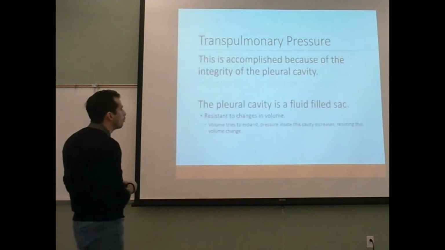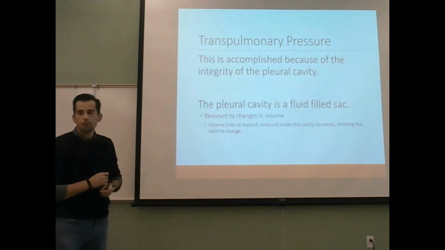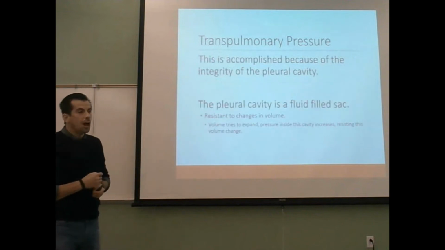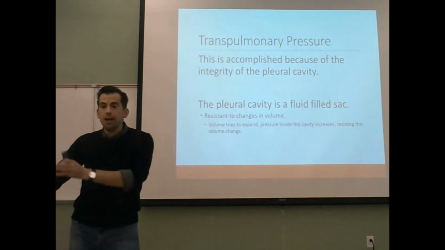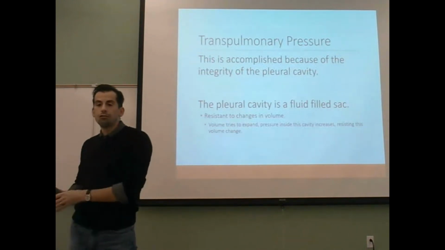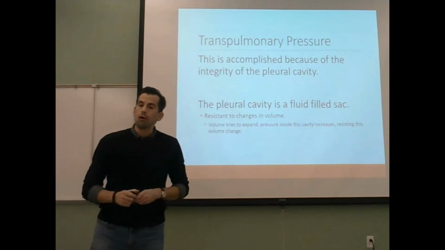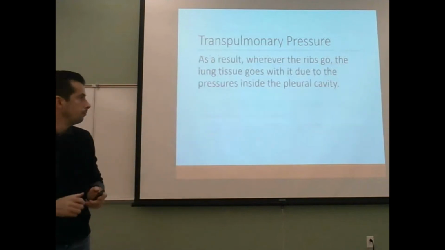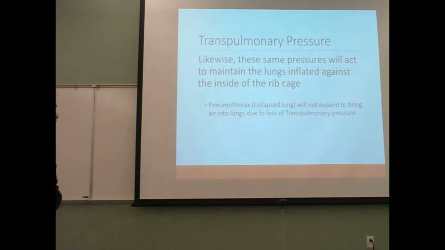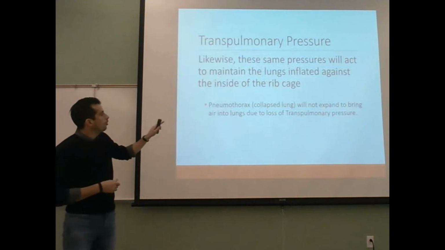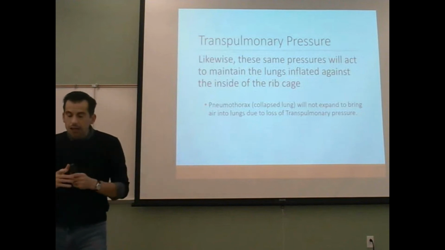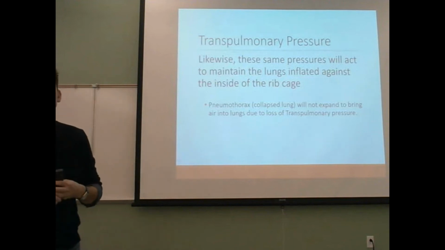We need to have an intact pleural cavity filled with fluid, and we use that transpulmonary pressure to translate rib movement and force into forces that are going to stretch the lung tissue itself. It's the same principle that keeps the lungs from deflating inside the rib cage to start with.